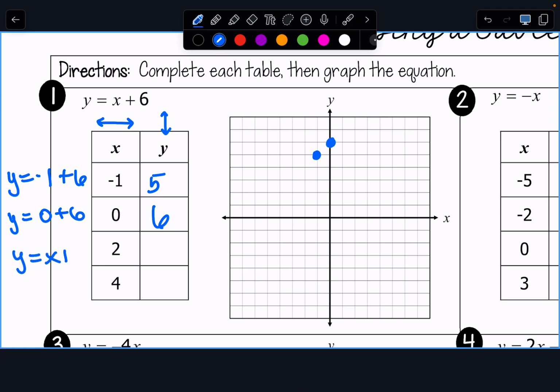Y equals x plus 6, but now we're going to replace x with 2. What is 2 plus 6? Okay. To plot that point, we're going to go right 2 and up 8.